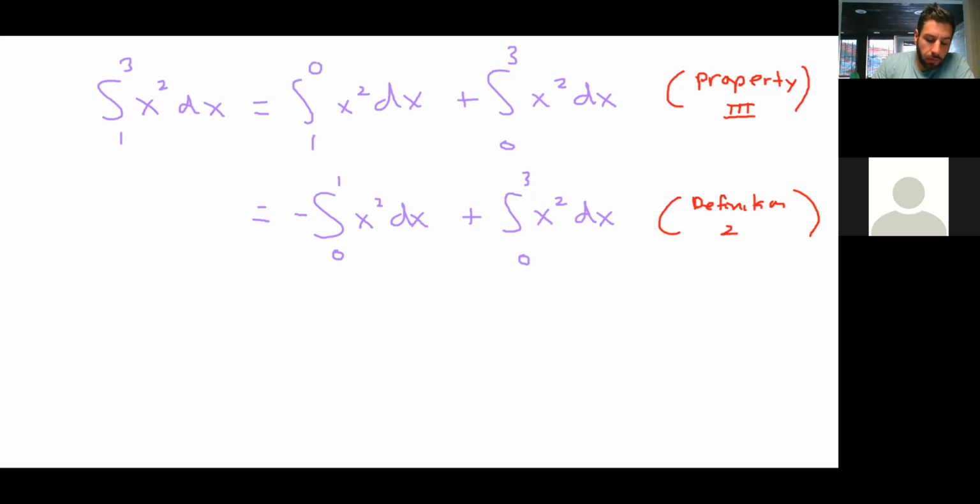Now I know these integrals. This is negative a third, and then this is 27 over 3. If I do the arithmetic, I get 26 over 3. So think about that for a second.